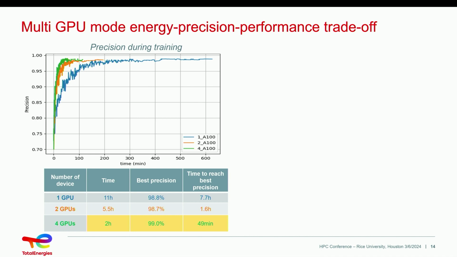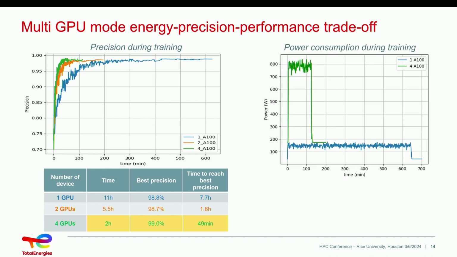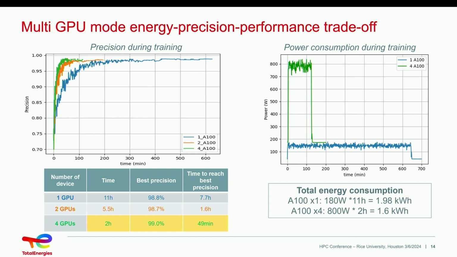Once I had that, I also wanted to check the energy consumption. So I recorded the power consumption for 1 GPU and 4 GPUs. I did some calculations, and actually it was using even less energy training with 4 GPUs because of the faster training.